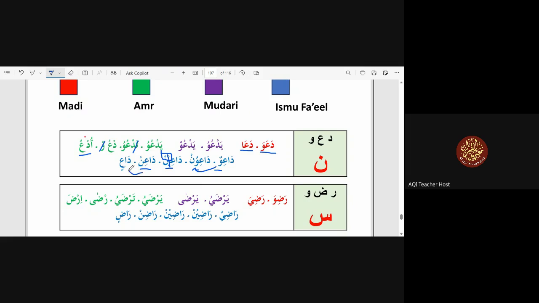These two are exactly the same, just made shorter, simpler, and easier to pronounce. This is the main purpose of this ta'lil process, of this operation that just happened. So this is ismul fa'il. This one is madi, this one is mudari, this one is amr, and this one is ismul fa'il, and this is for bab nasara.